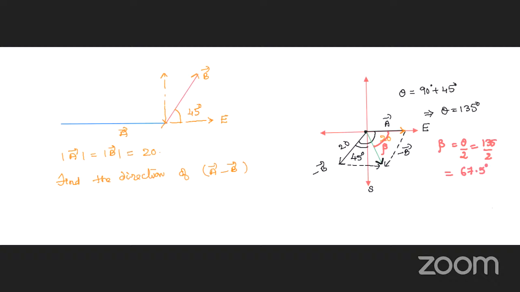This is in between what? South and east. With the east it is making an angle of 67.5 towards the south. So angle beta is 67.5 degrees, I write towards south of east. Okay, did you follow this concept, Nana? What I said there?